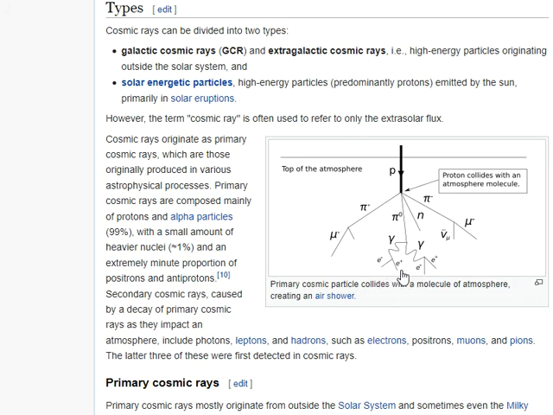E minus and E plus? Goodness, those are positrons. In any case, those are generally generated in the upper atmosphere, and if they are detecting them in one place, they're probably detecting them in another place, so they can triangulate and figure out exactly where those muons are coming from. That's the purpose of those gamma ray telescopes.